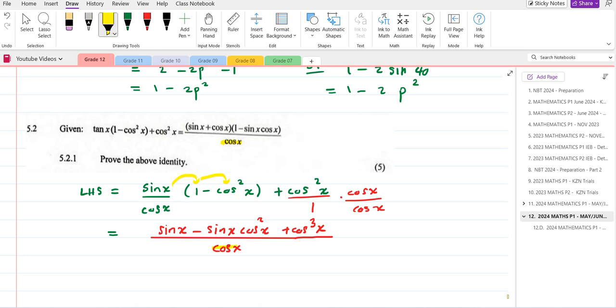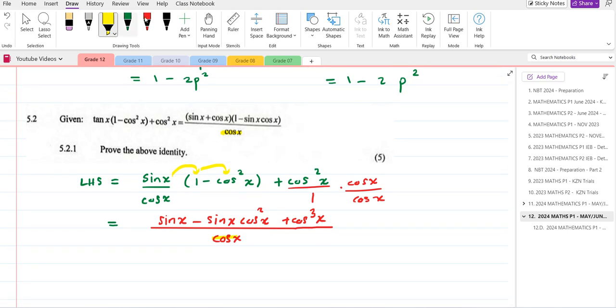So how does this factorize? So we got sine x cos squared x. We got 1 minus cos squared. We should have changed the 1 minus cos squared to sine squared. So we could have got sine cubed plus cos cubed.